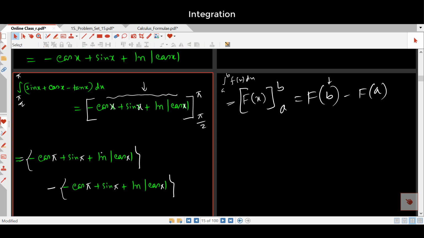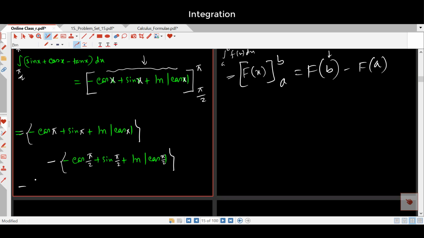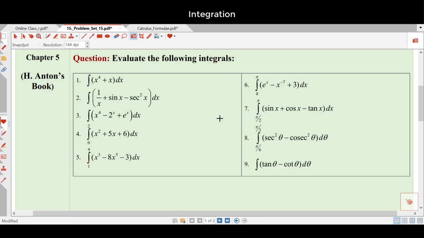So antiderivative at upper limit is done. Now antiderivative at lower limit. So in the places of x, now we will input pi by 2. So now if you use your calculator, from the first part you will get a value, from the second part you will get a value, and by subtraction you will get the final result. So that is the definite integral.